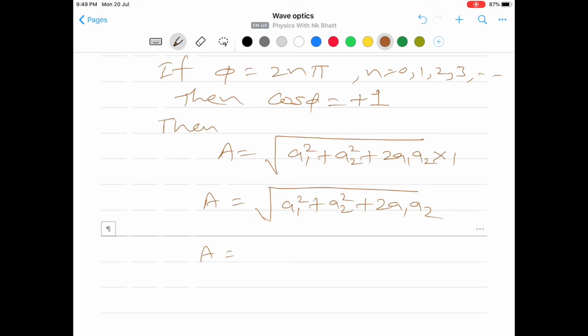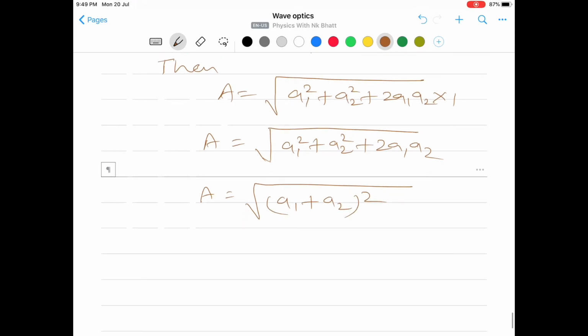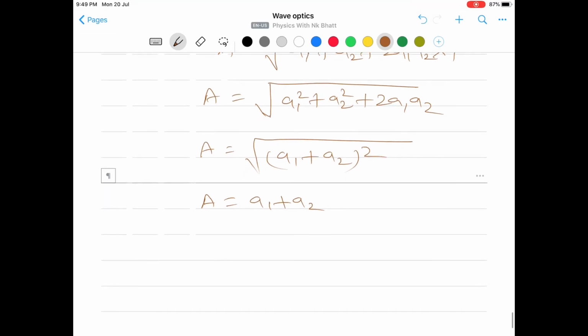So this can be written as under root A1 plus A2 whole square. If you take out the root, it will be A1 plus A2. So this amplitude is maximum. So A maximum is equal to A1 plus A2.